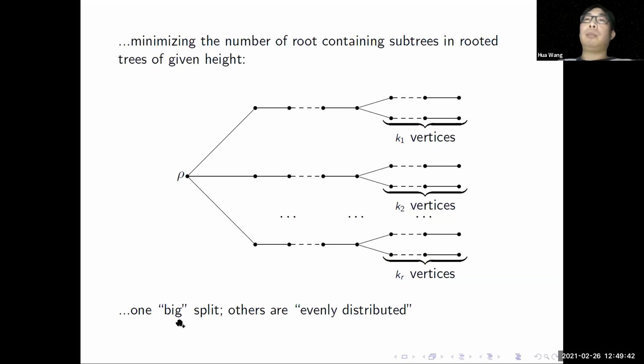And then there's one big split, and others are a smaller split, but have to be evenly distributed. So this is the best we can do. And you have formulas restricting how big this can be, and so on and so forth. But up to this date, we still cannot figure out what actually minimizes it. Anyway, this is just an example of some questions where it seems to be so simple, but it's just very difficult to prove.